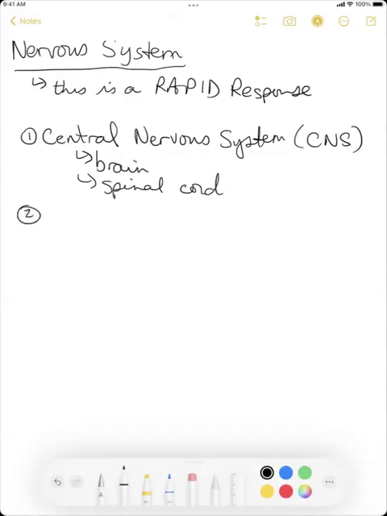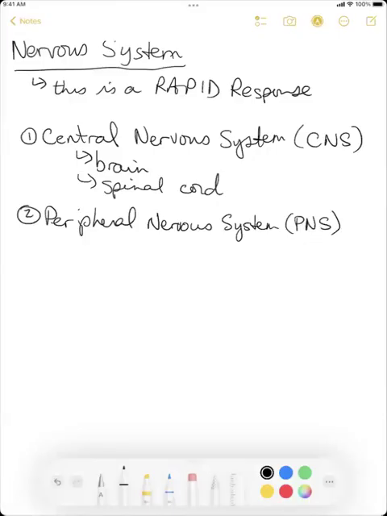The second part of the nervous system is something referred to as the peripheral nervous system. Sometimes it is denoted PNS, although there is another part of the nervous system that is denoted PNS, so you have to be a little bit careful.